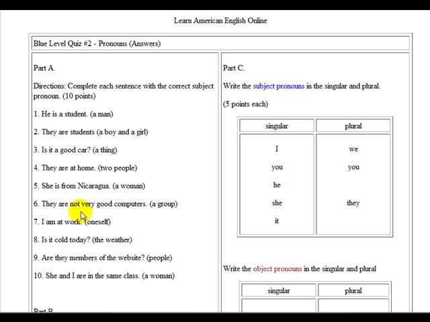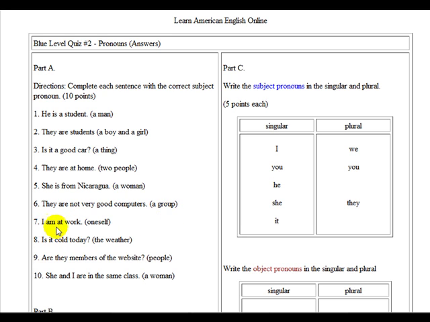They are not very good computers. Okay, computers indicates a group of things. In other words, one computer, two computers, three computers. So we use the plural form, they, okay, and the plural verb that goes with that plural form of a group.